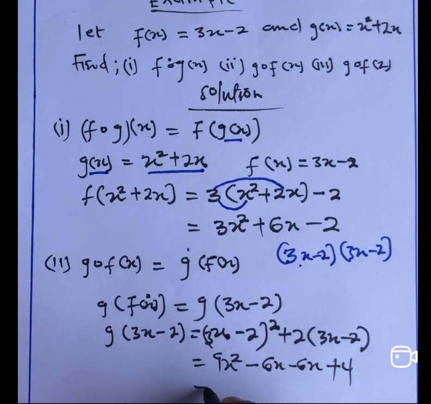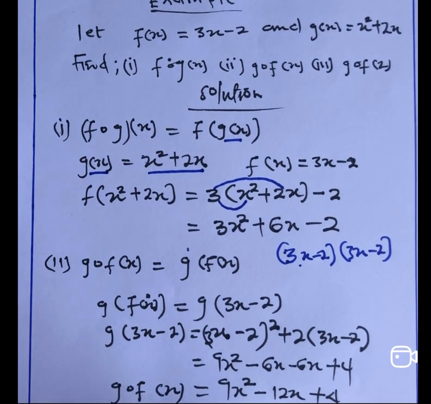Okay, so from this side I'll have 9x squared, and we know that this and that are like terms, so when you add them, negative 6x and negative 6x give us negative 12x plus what? 4. All right, so this becomes the g composition of f. Is that okay?